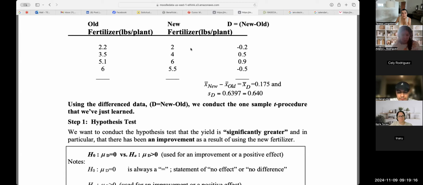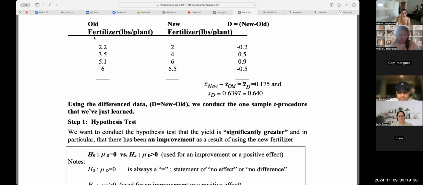And so they are considered matched, or dependent. We call it dependent. There's a relationship between them other than the fertilizer. And we take the difference and we do all that.